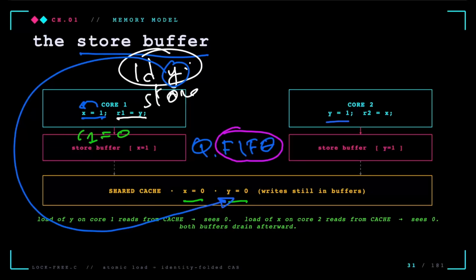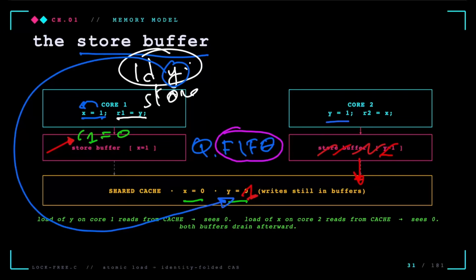This exact same logic happens on the other side. We still have Y equals 1 queued here. And honestly, at this point, even if we write Y equals 1, even if this has drained, we have already queued R1 equals 0 in the store buffer. So it doesn't matter what's in here at this point.